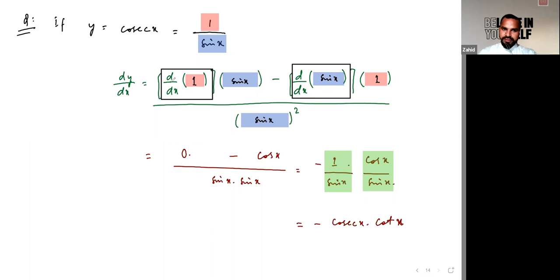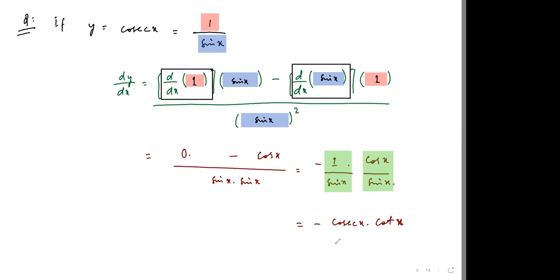Like I have differentiated this part only and multiplied with this. The differentiation of any constant term would be 0, and 0 multiplied with any term would result in 0. In the second part, we have to differentiate only this part, and 1 is in multiplication with this. So differentiation of sine x is cos x multiplied by 1. Is it clear, Alan? Yes, sir. Okay, just write it down.